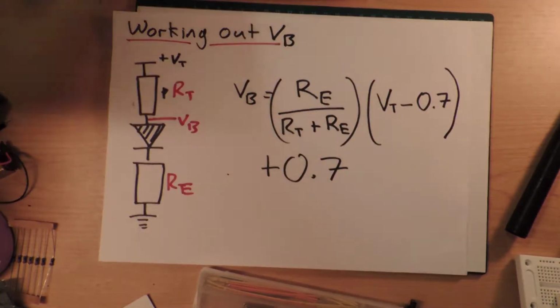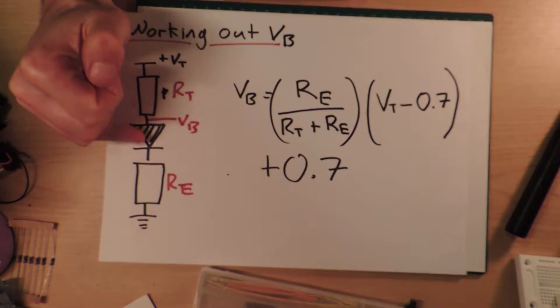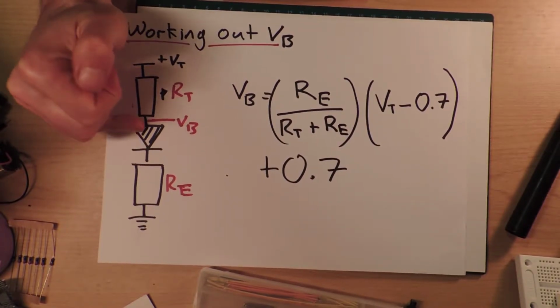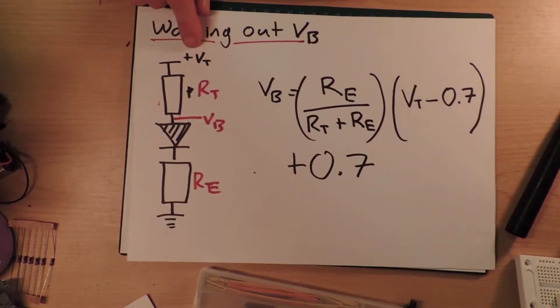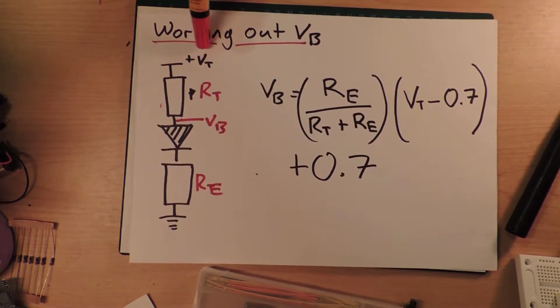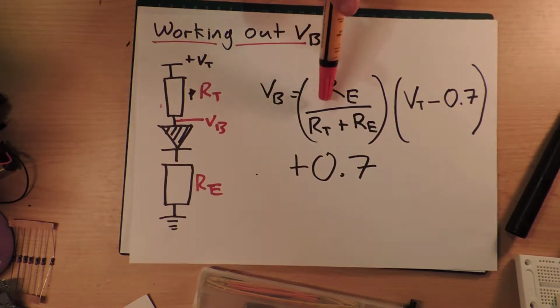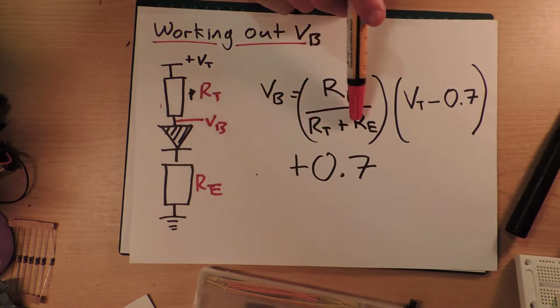Right, and the last bit we have to do is another voltage divider, but we've got this diode in the way, so we have to take the diode drop away from the input voltage, the Thevenin's supply voltage. So what we end up with is VB equals RE divided by RT plus RE.